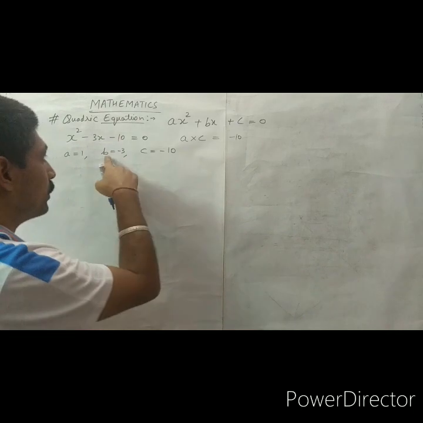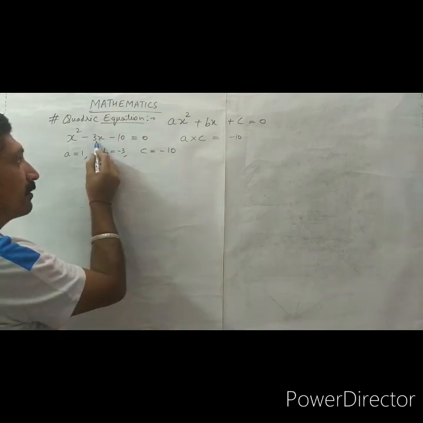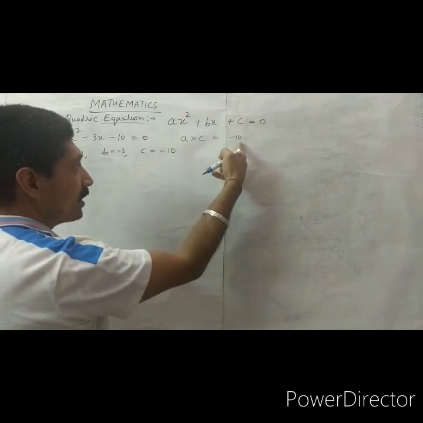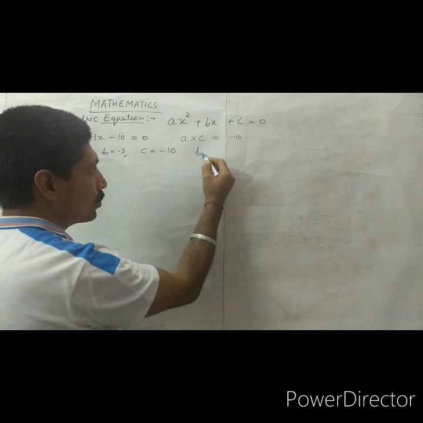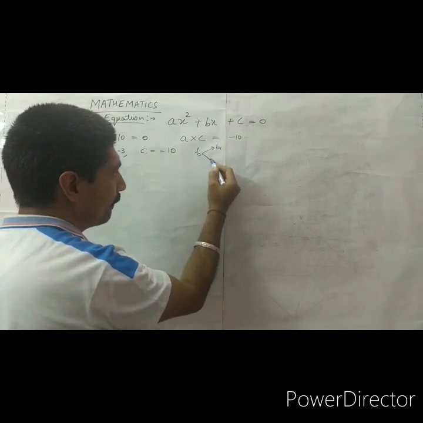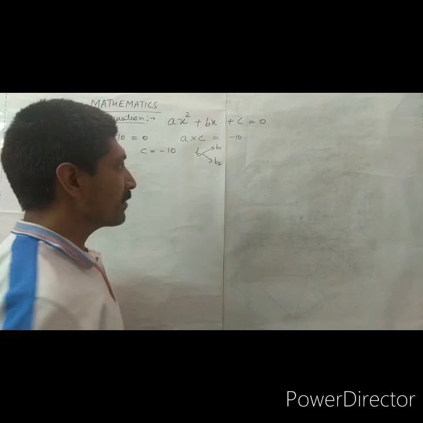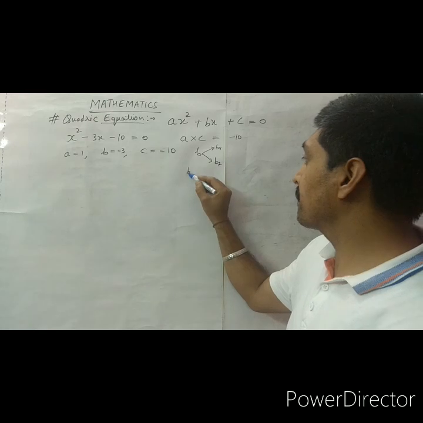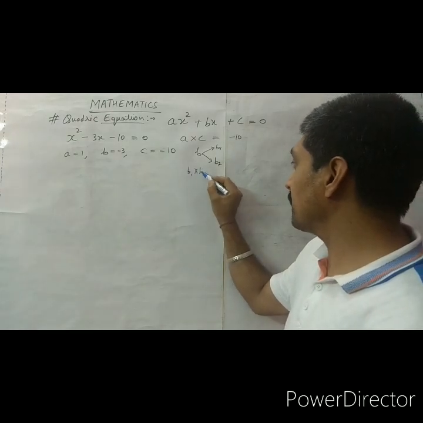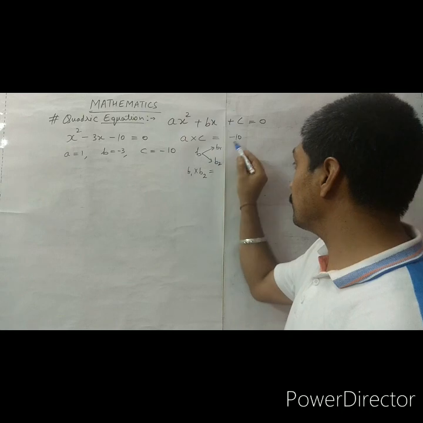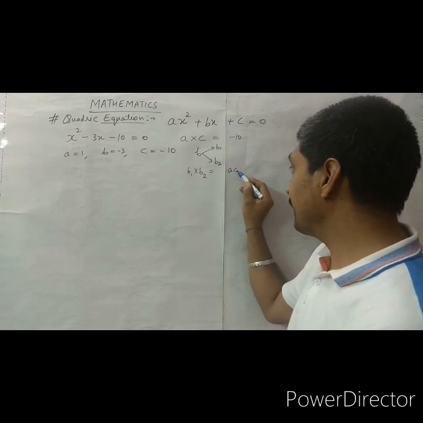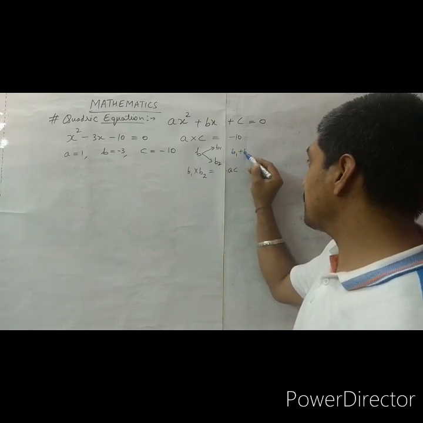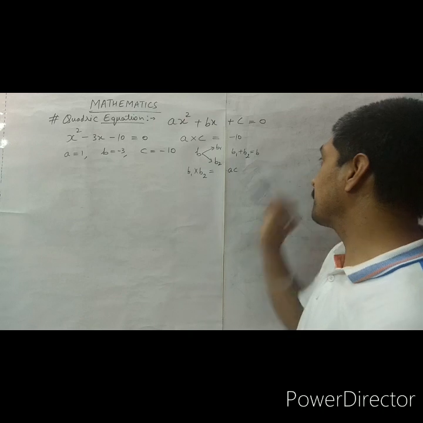Now we want to split the middle term, b, which is minus 3, into b1 and b2 in such a way that the product b1 into b2 is equal to the product ac, and when we add both, b1 plus b2 is equal to b.